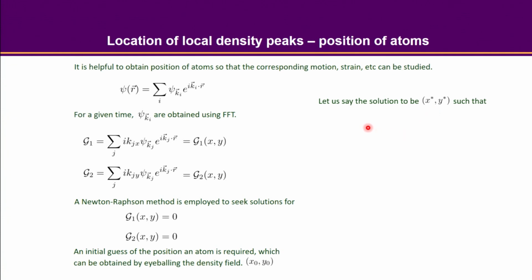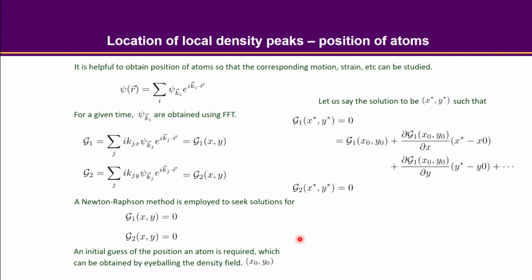What we mean by x star and y star being the accurate position is that those two g functions, if I plug in x star and y star, have to be 0. But now I only have a guess that there is roughly a maximum around x0 and y0. So we do the Taylor expansion of the g1 function and g2 function with respect to x0 and y0. If we do this Taylor expansion, the first term is just the value of g1 evaluated at x0, y0.